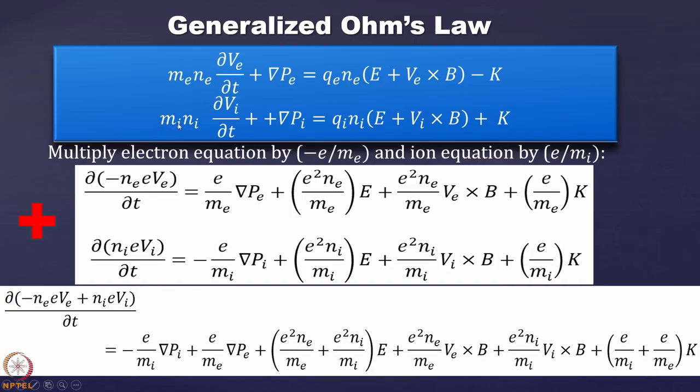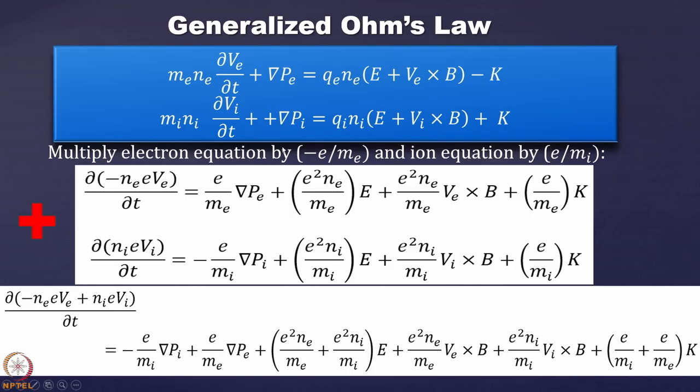Now we come to the ion momentum conservation equation, this one, and here we are multiplying by e by Mi. The things are very obvious. We are multiplying by the charge of the ion, which is positive e, and you can understand that we are considering only the first-tonnage case, and Mi is the mass of the ions.